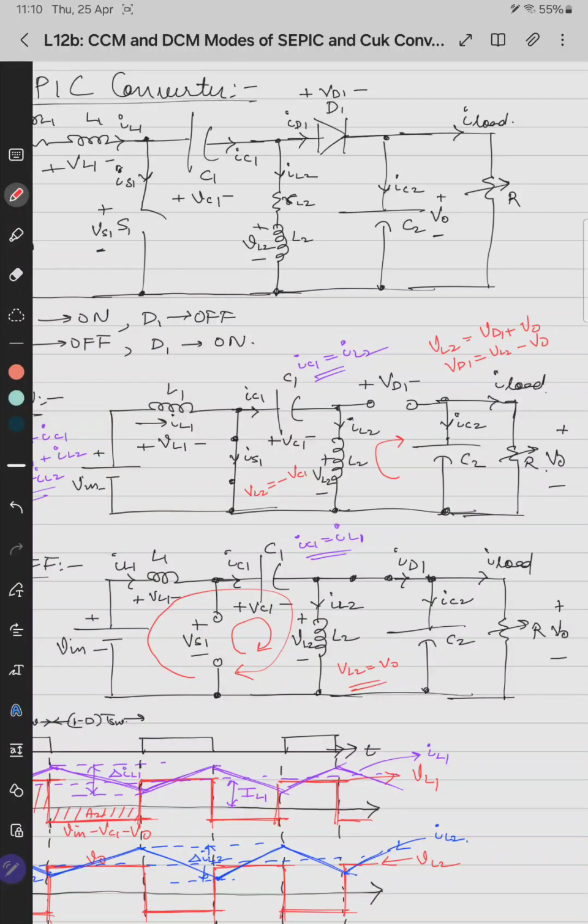But what is VL2? VL2 is minus VC1. So it is minus VC1 minus V0. So the voltage across the diode is negative. So that's why it is reverse bias. Yes, minus VC1 minus V0.